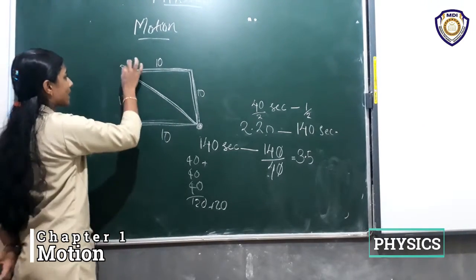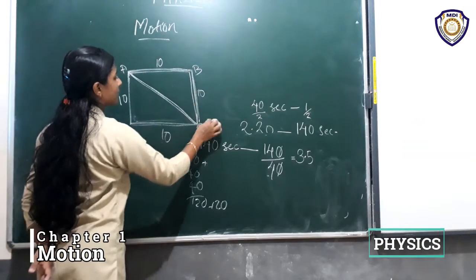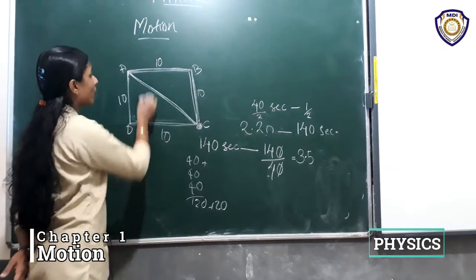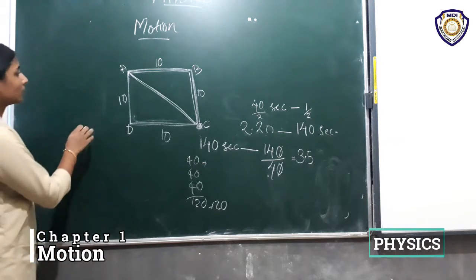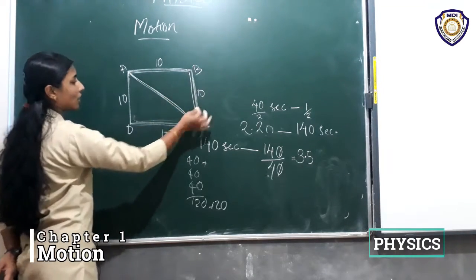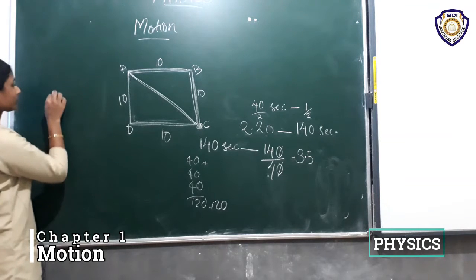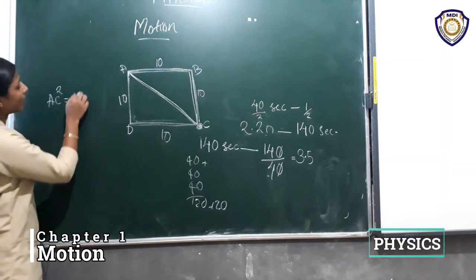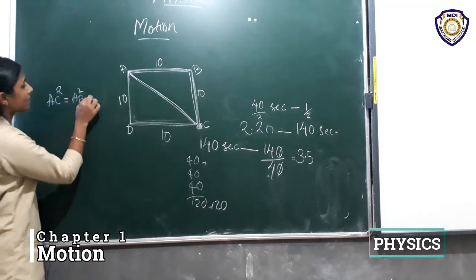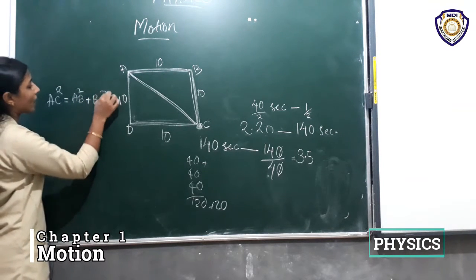This diagonal gives us the displacement of this farmer, right? Suppose this is A, this is B, this is C, this is D. So what will be the value of AC? That gives us the displacement. These sides are equal, that is 10. So AC square is equal to AB square plus BC square, right?